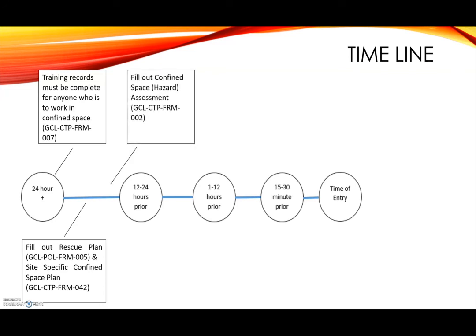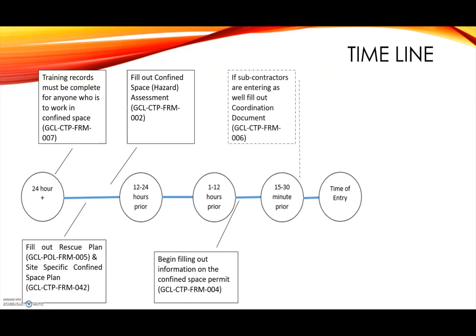Also, fill out confined space hazard assessment form. Prior to entry, begin filling out information on the confined space permit checklist. If subcontractors are entering as well, fill out the coordination document.